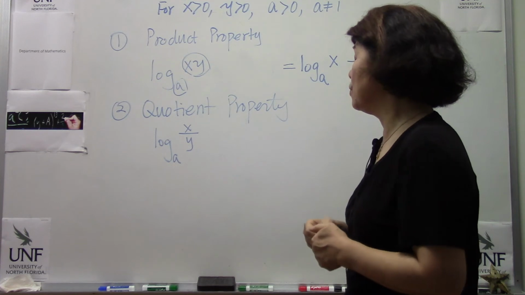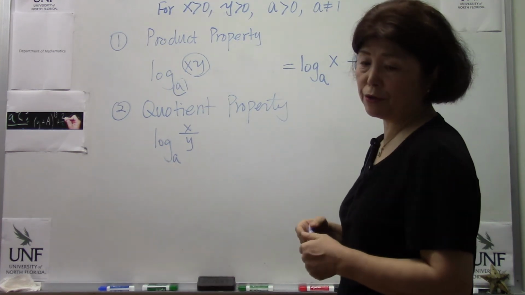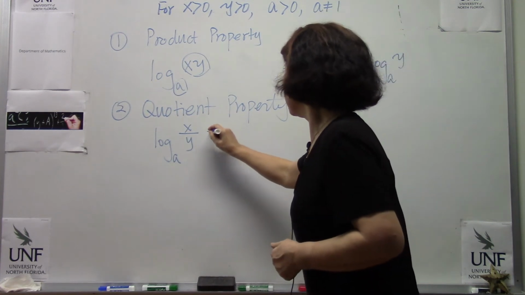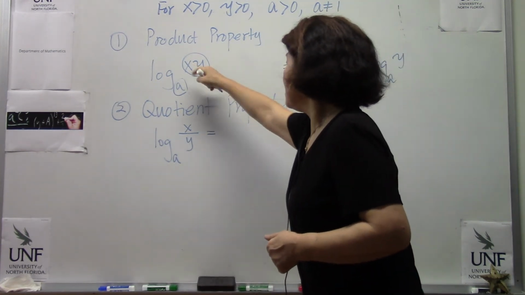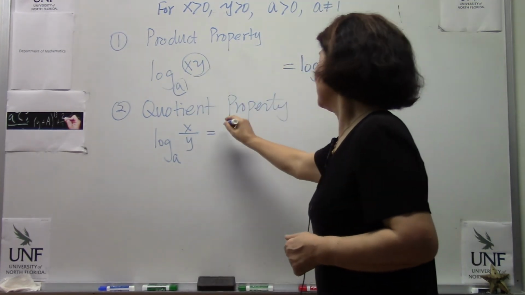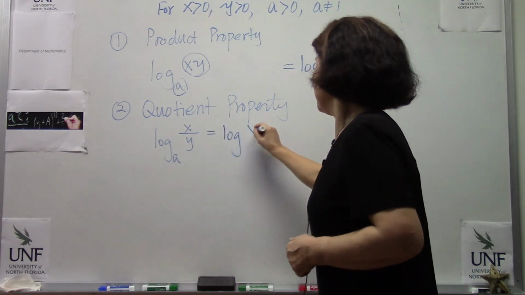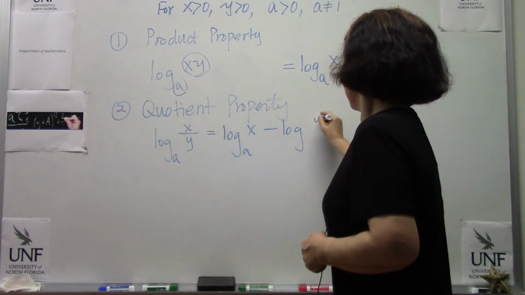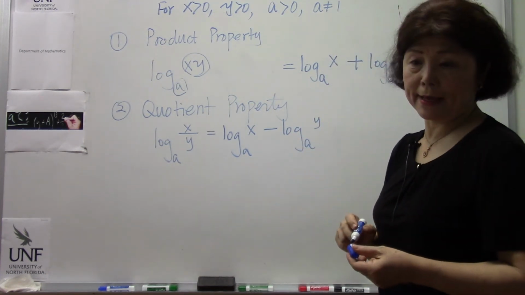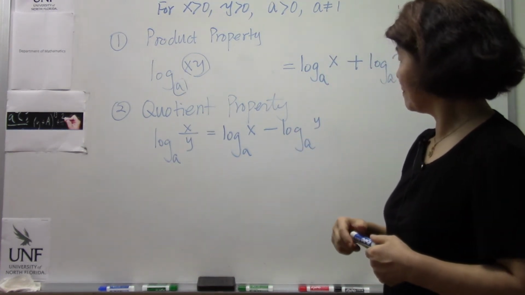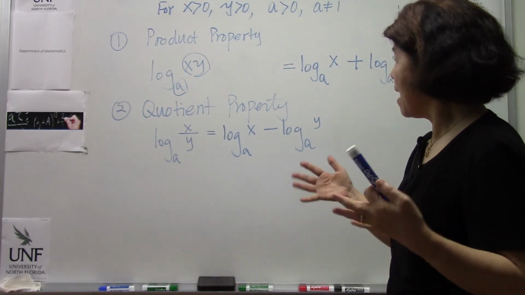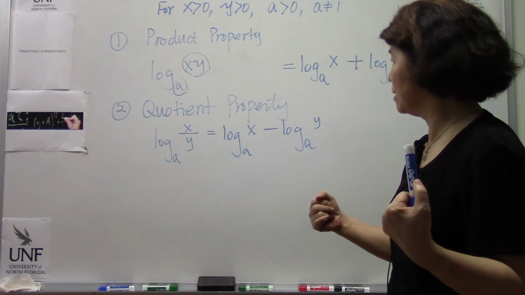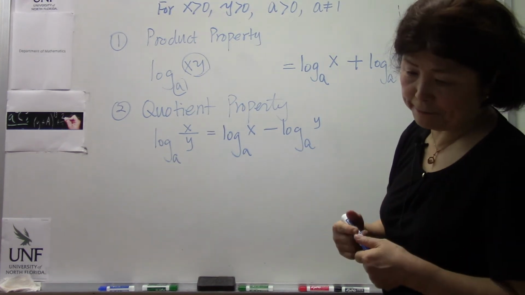Okay? Base 2, base 10, base 1.2, or base 0.8. In this case, what do we do? Multiplication gave addition. Now, division is going to be subtraction over here: log x to base a minus log y to base a. Okay. So when you have this number one property, the product property, this quotient property comes pretty naturally.